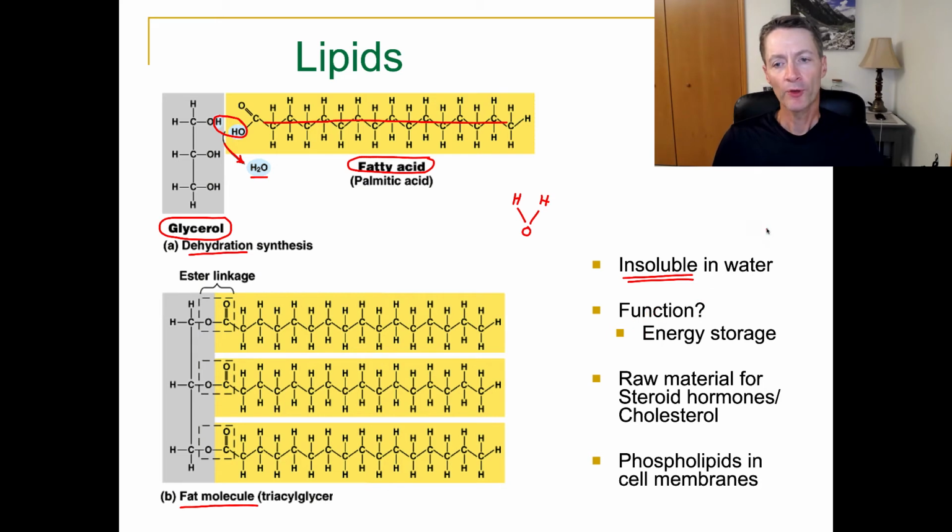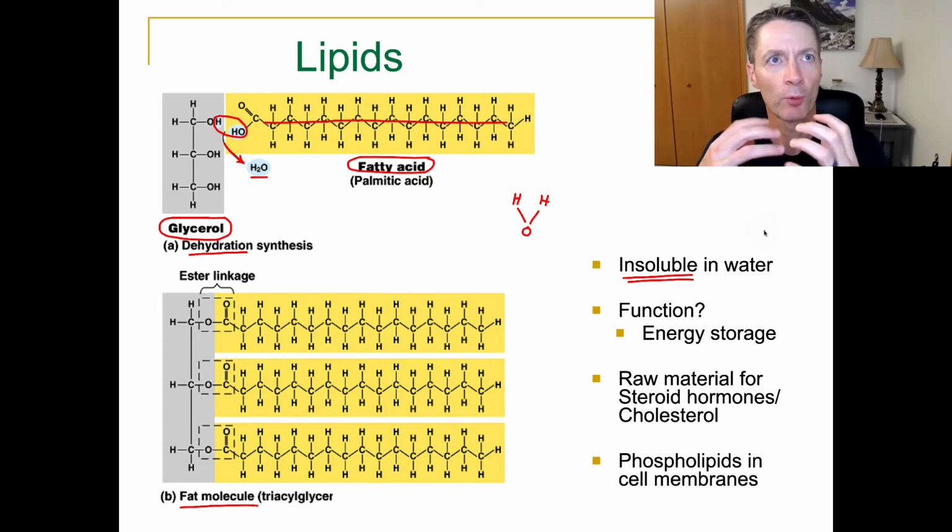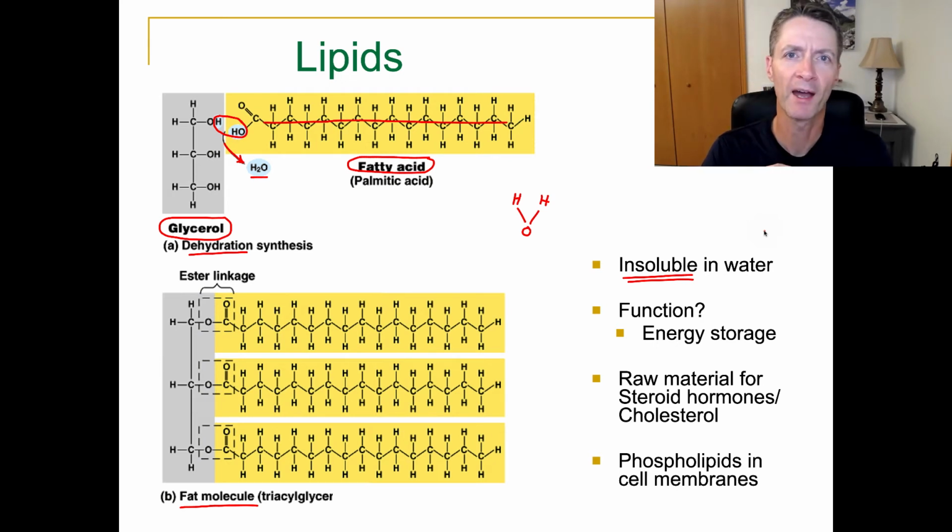All right, so what would be a function? This is a major thing we need to know about each category. When it comes to fats, you could just brainstorm, right? Well, fat actually keeps me warm. Yeah, that would be one function of fats. You could say that fats are found around organs a lot of times, and they cushion organs. If you look at internal organs, you see a lot of fats around there.